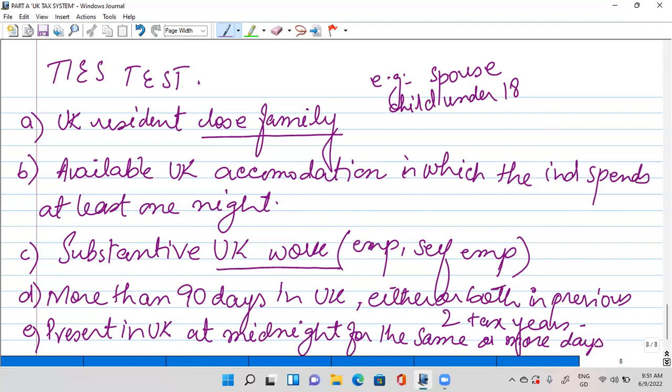We are going to see how all of these ties will be applied on our questions. The table that will be given to you in your exam, I'm just going to write out the days and all of the meanings. The first thing the ties consider is the days in the UK. We are going to begin with less than 16.